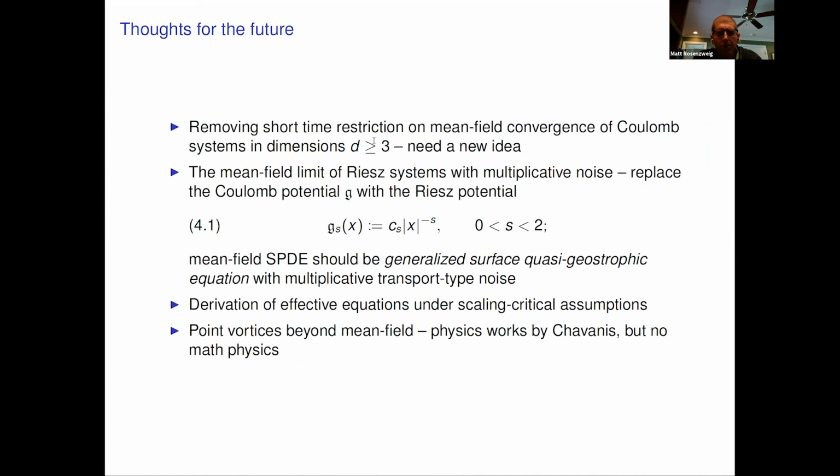So the first I mentioned is that in the result on Coulomb systems in dimension bigger than or equal to 3, there's this restriction on short times for the mean field convergence. And I think to overcome that, you need a different argument than was given to remove this inefficiency.